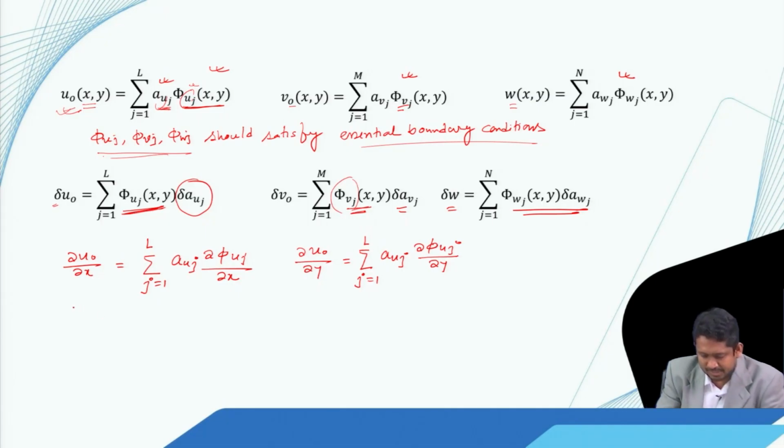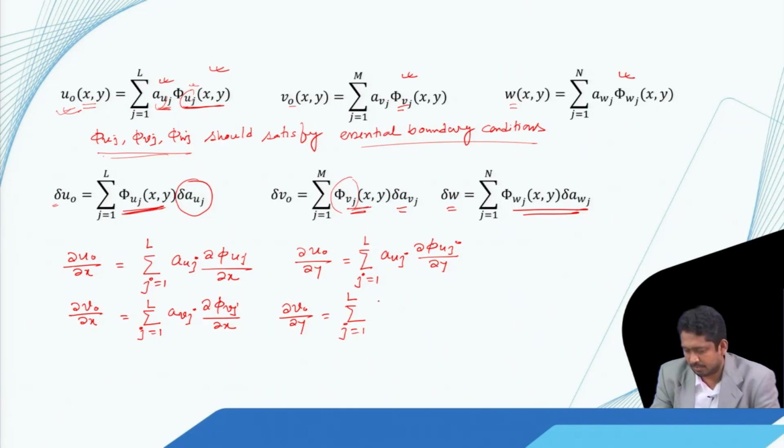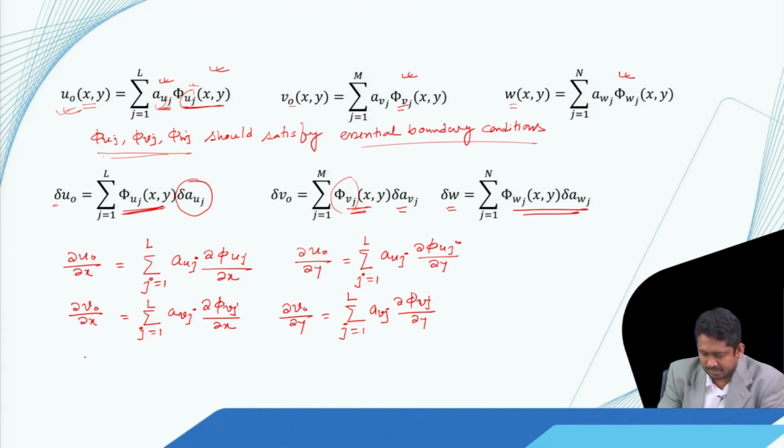Likewise, we can define the derivatives of v 0 with respect to x: summation j equal to 1 to L, A v j into del phi v j by del x, and del v 0 by del y is equal to again summation j equal to 1 to L, A v j del phi v j by del y. And then we define the derivatives of w.